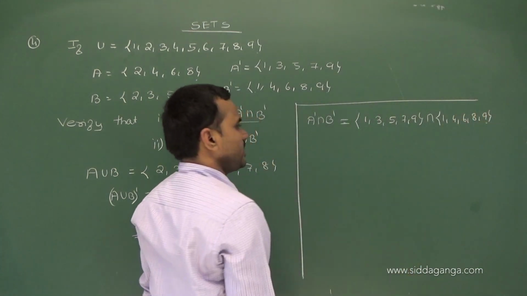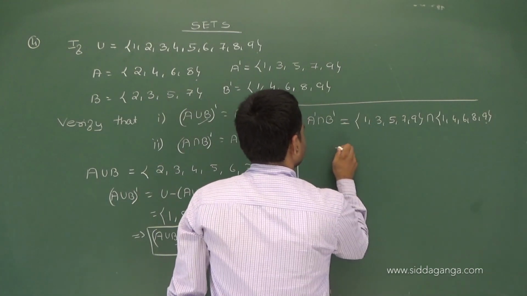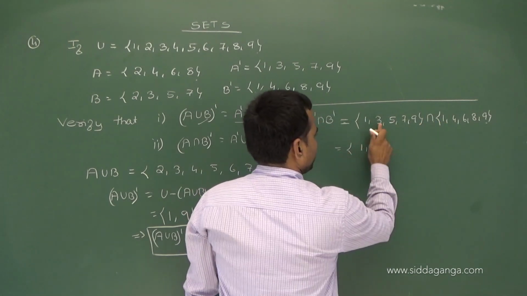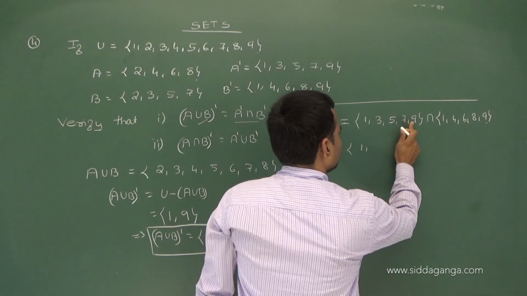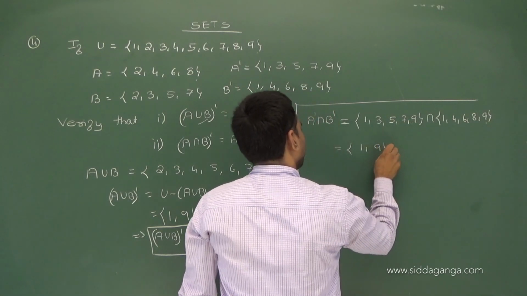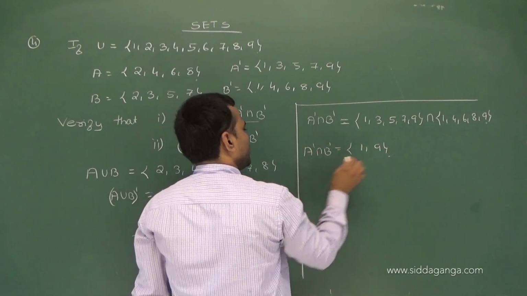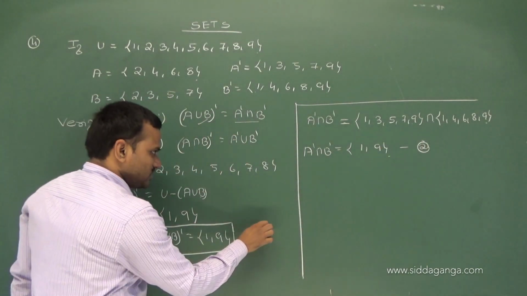So common elements, what are those elements? See the problem. 1 is present on both sides. Yes. 3, no. 5, no. 7, no. 9, yes. So 1, 9. This is A dash intersection B dash. Call it as 2.